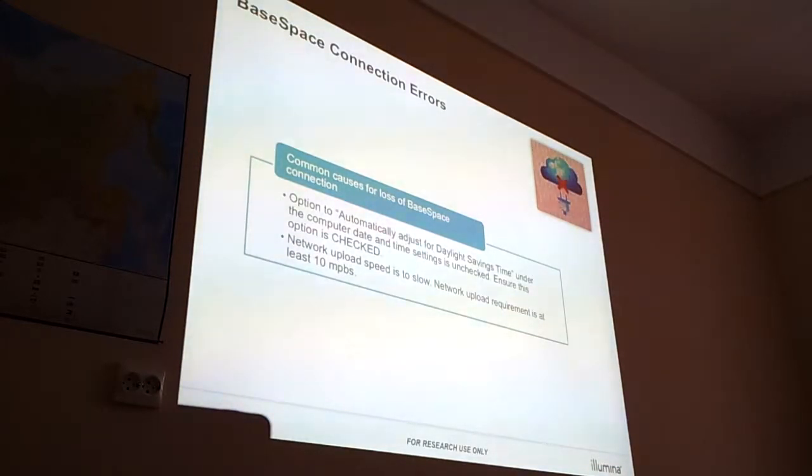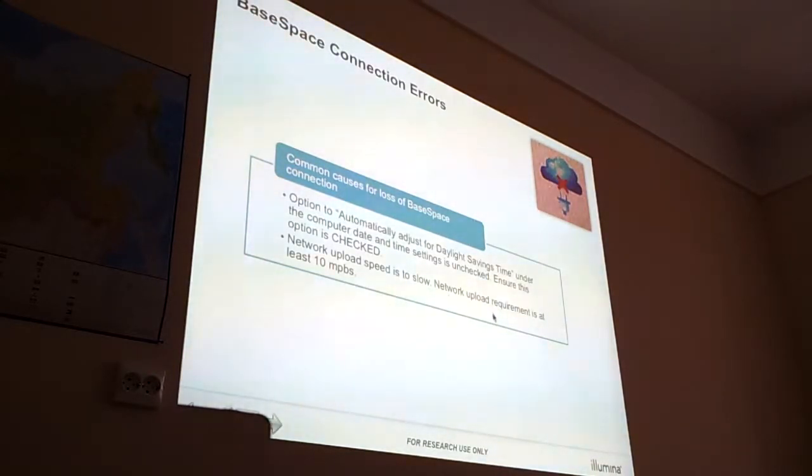So you must make sure that you should check this option, automatically adjust for daylight savings time. You mean the NextSeq computer? Yes. Okay, so it should be checked. Yes, it should be checked.